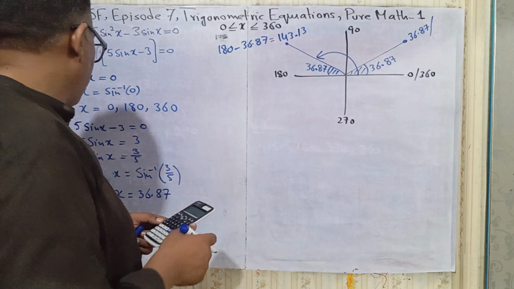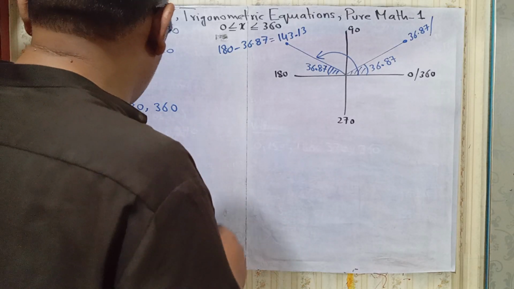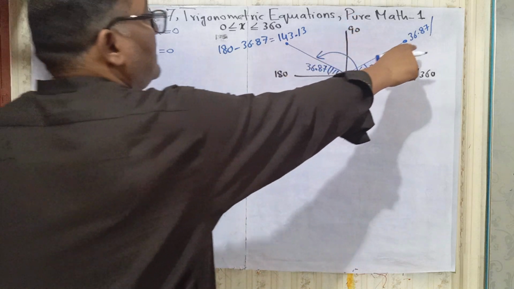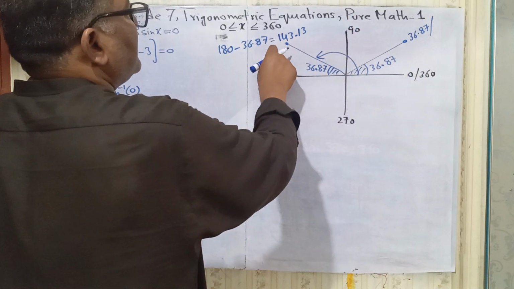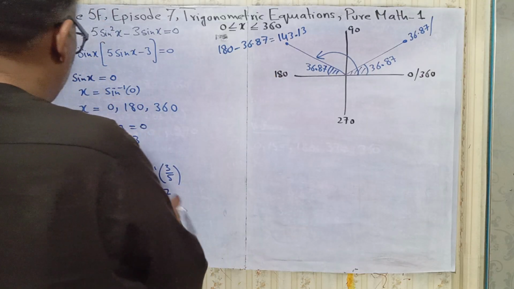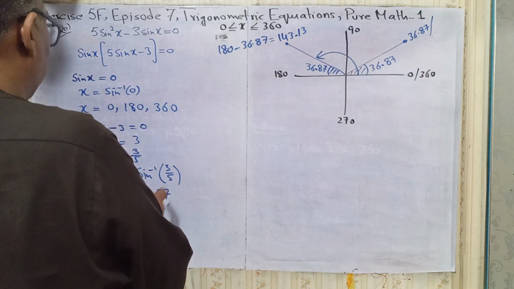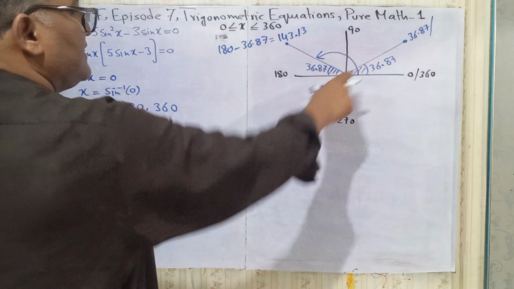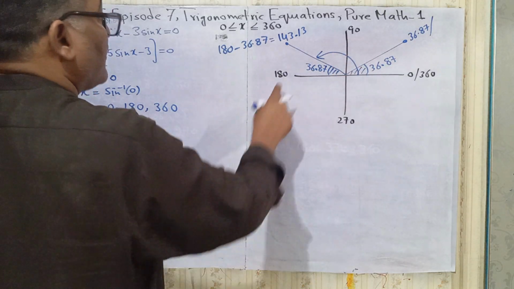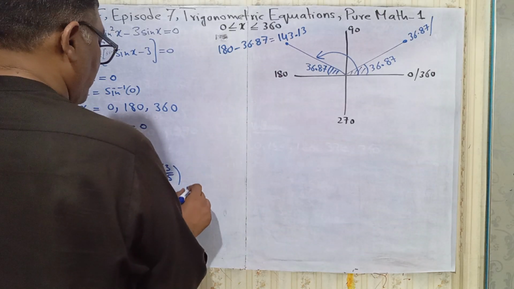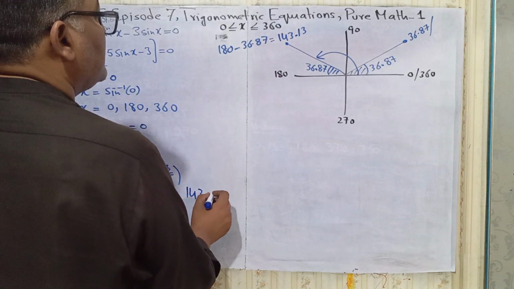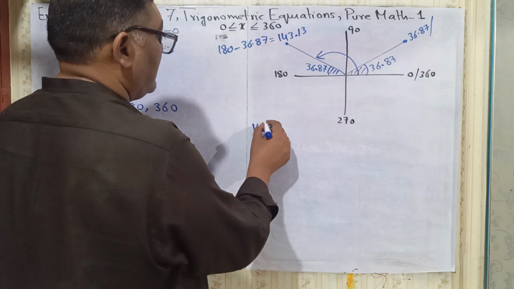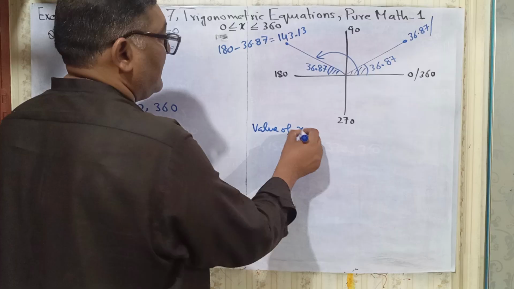So my x values can be this angle, and it can also be this angle, 143.13. So what are the values of the x?